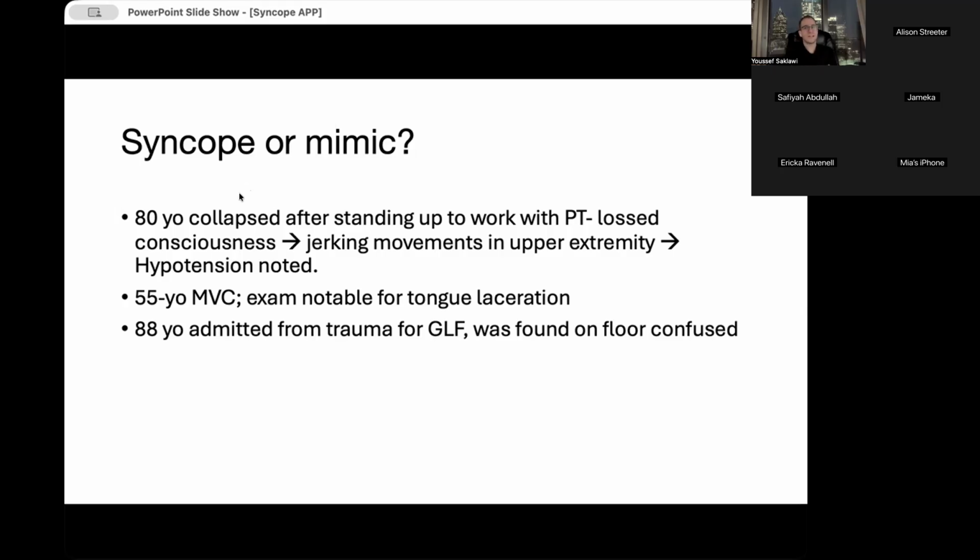Okay, seizure, exactly. Like we just learned, if you have a tongue laceration, the pretest probability goes up for seizure. And anybody want to guess the third one, or what's your best guess?